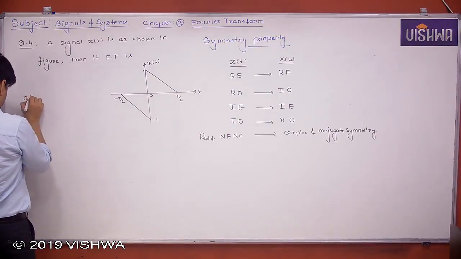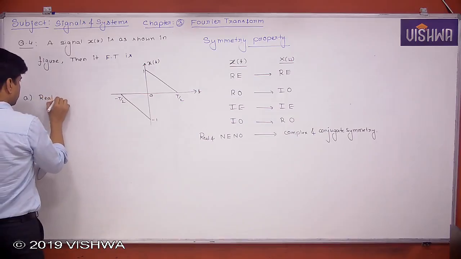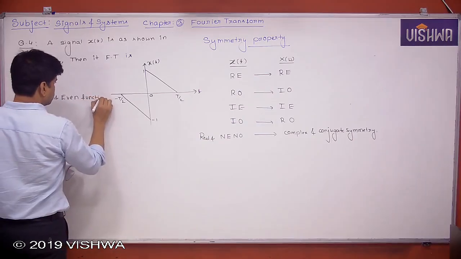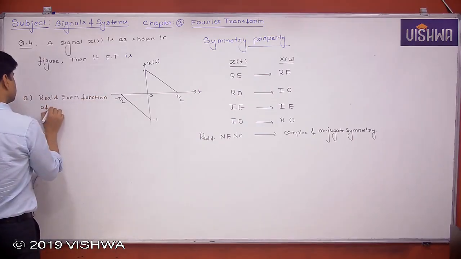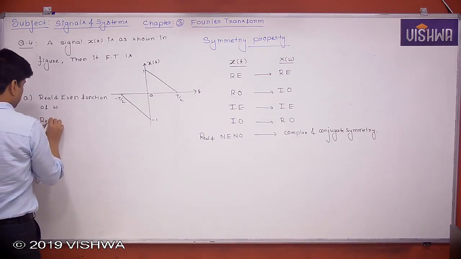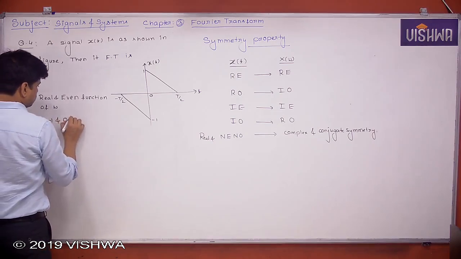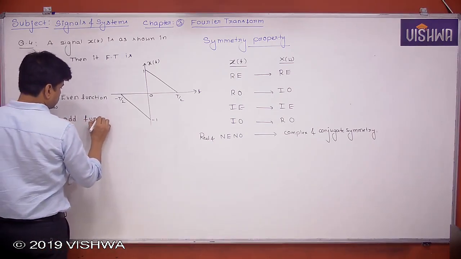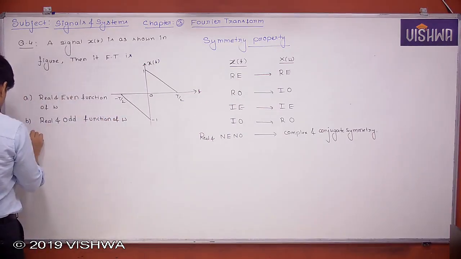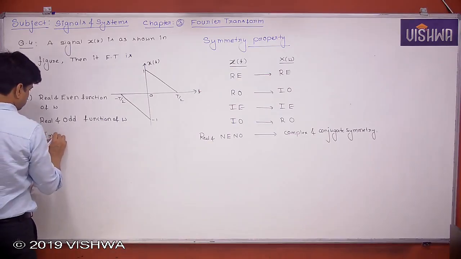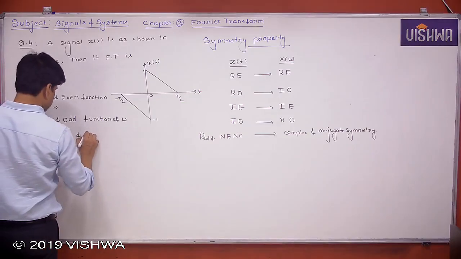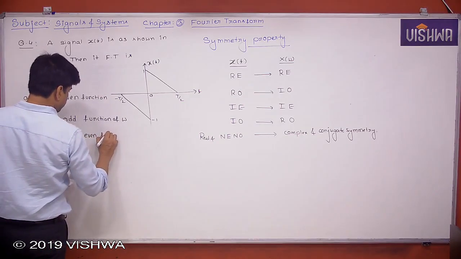Options: option A, real and even function of omega. Option B, real and odd function of omega. Option C, imaginary and even function of omega.